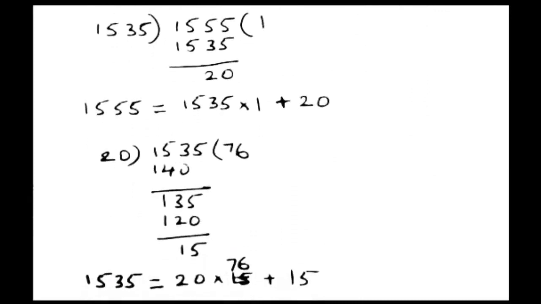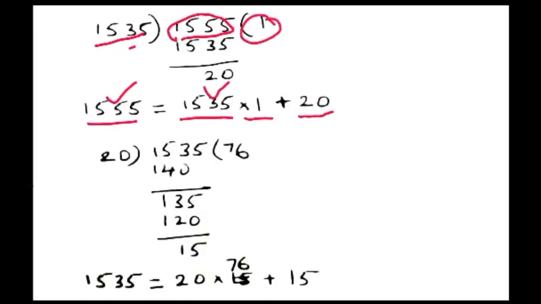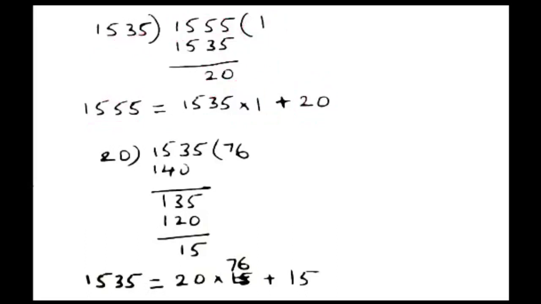Dividend equals divisor multiplied by quotient plus remainder. Now, in the next step, we have to divide this divisor by the remainder.